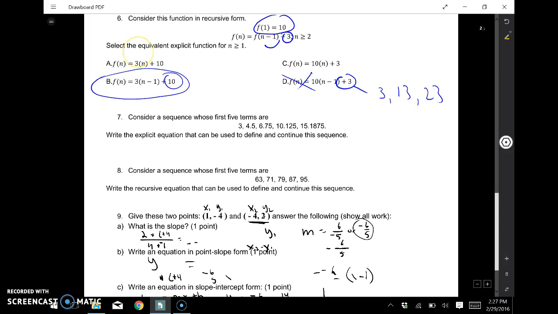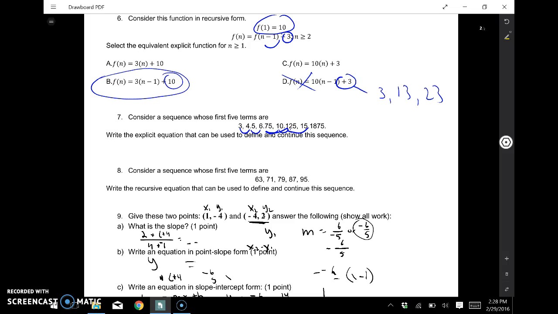Number 7, considering the sequence for the first 5 terms, write an explicit that can be used to define and continue the sequence. So first, I need to figure out if this is arithmetic or geometric. 3 plus 1.5 would be 4.5. 4.5 plus 1.5 would be 6, but I get 6.75.